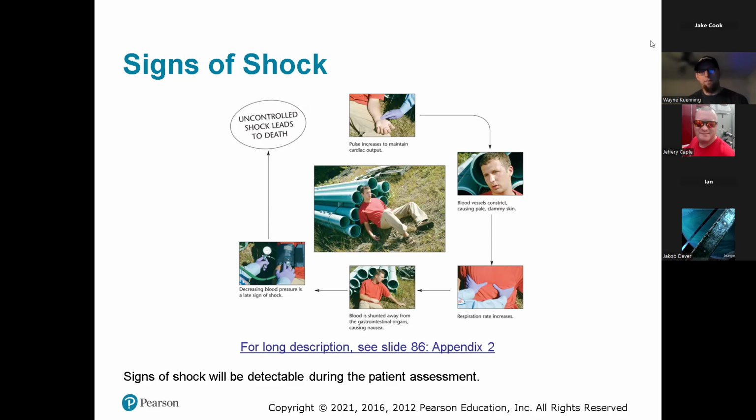And we're going to monitor them for either an increase, a stabilization, or a decrease in blood pressure, which is going to determine whether or not they stay in shock, in compensated shock, decompensated shock, or irreversible shock.